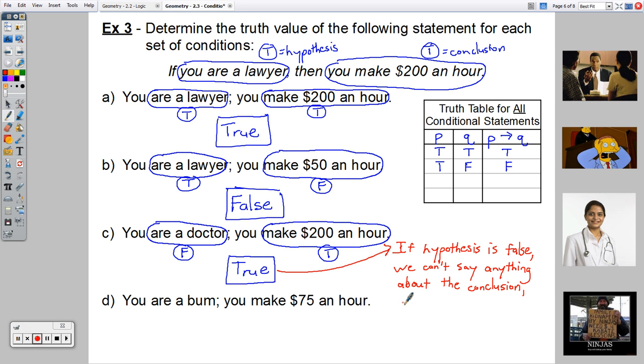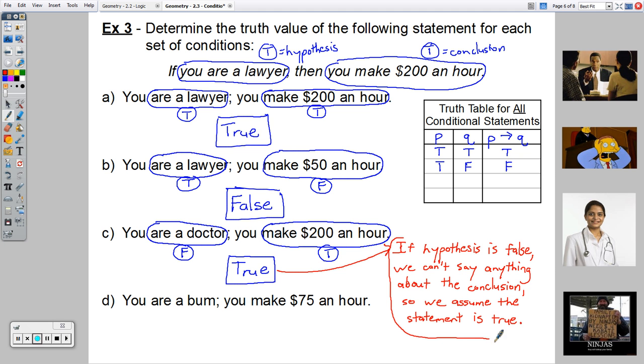So we assume the conditional statement is true.